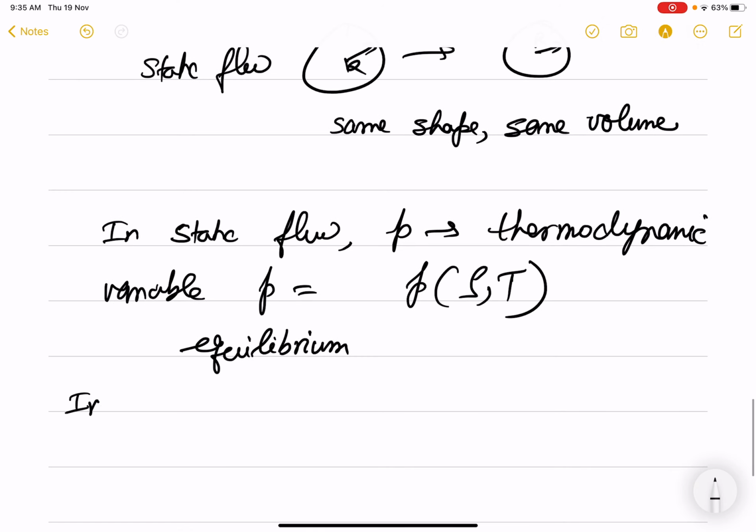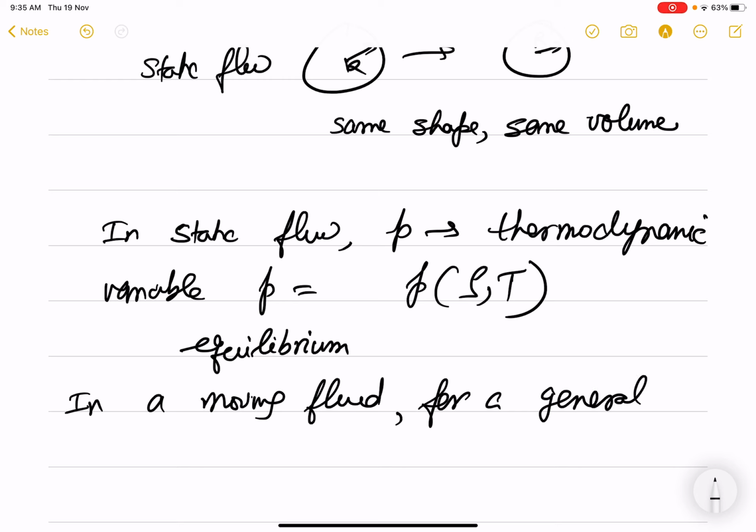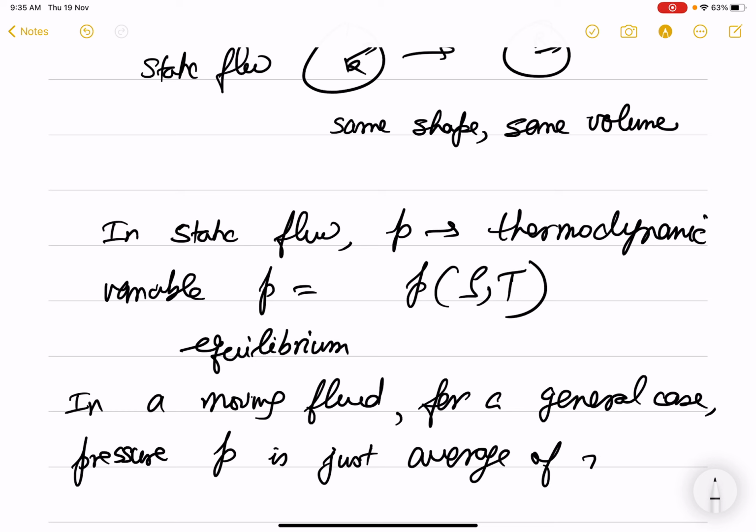But in a moving fluid, for a general case, pressure P is just the average of the normal stresses.